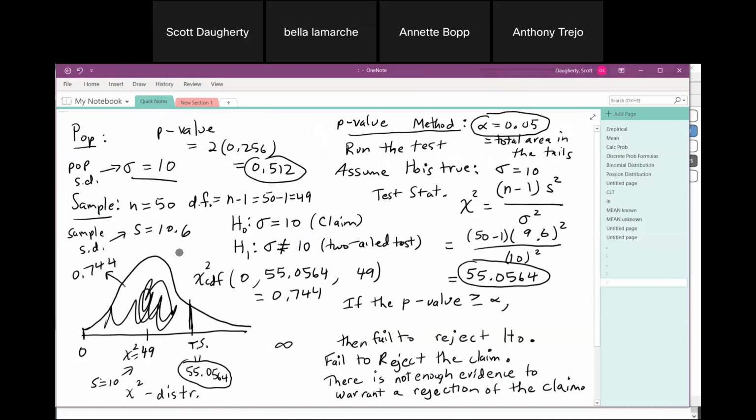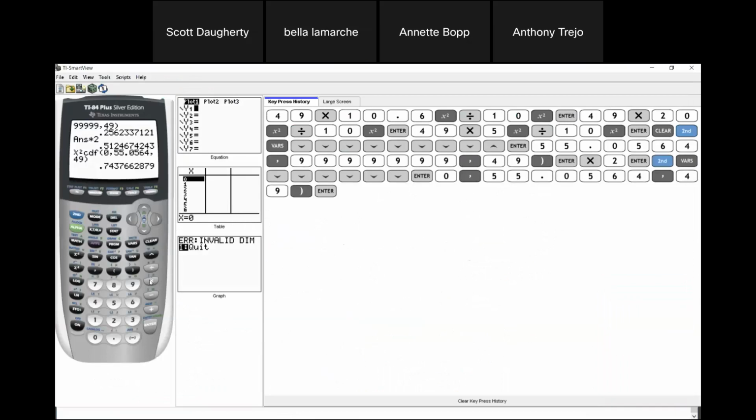Then you have to double this. And when you double it, you're going to get something larger than 1, right? You have to double it to find the p-value because it's a two-tailed test. When you double 0.744, you're going to get something larger than 1. And that should indicate to you immediately that something's wrong, because probabilities can't be above 1. The p-value represents a probability, by the way.